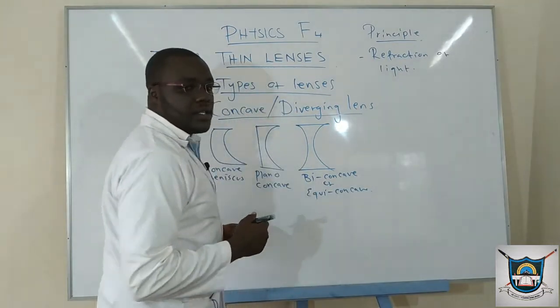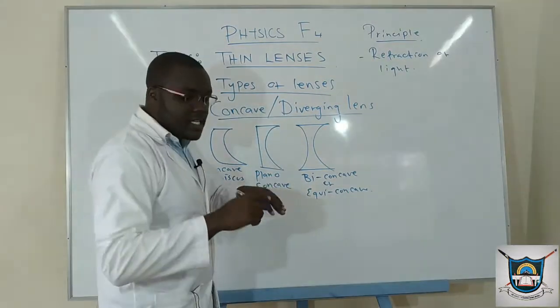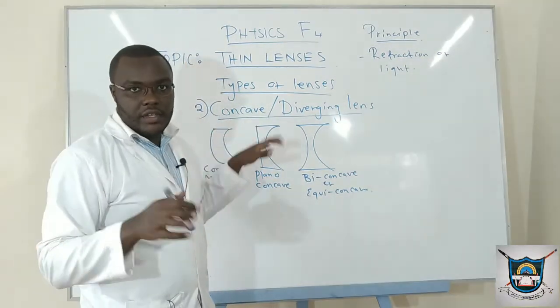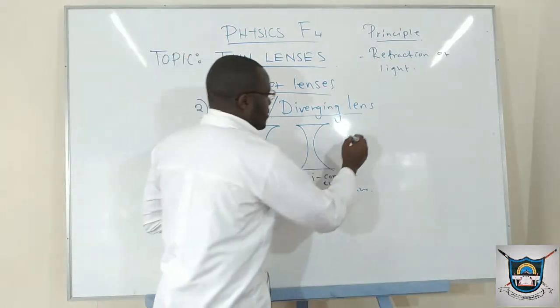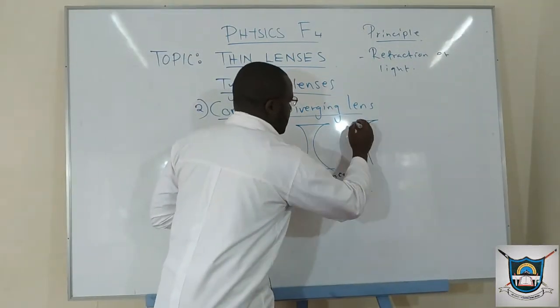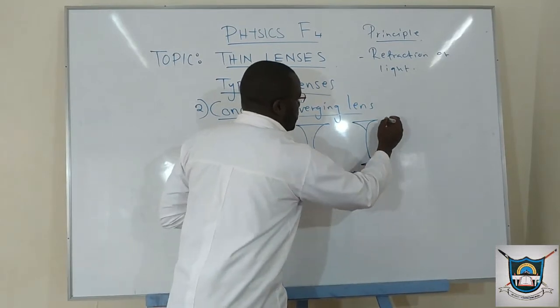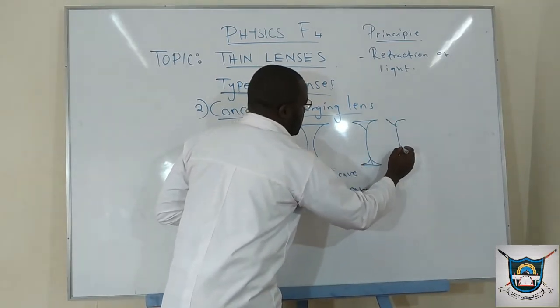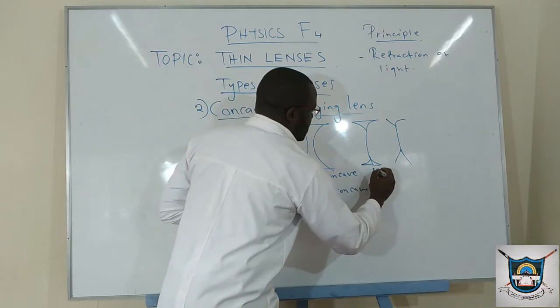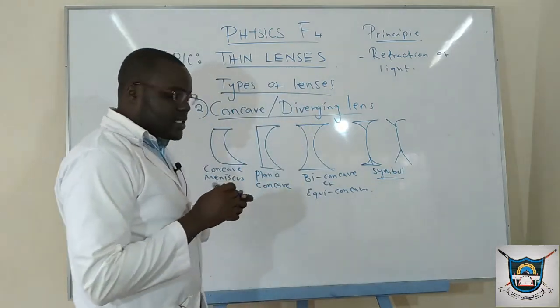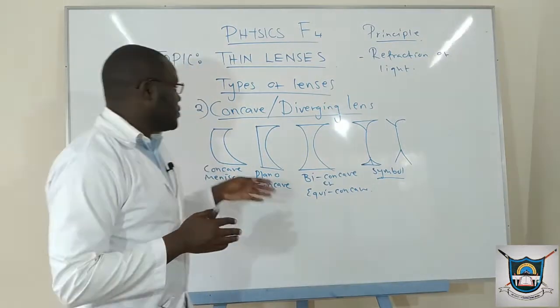In case you're in a practical and they want to show you that somewhere you're going to be required to use a concave lens, then this is the symbol, either this or these two symbols. So these are the symbols that shall be used in a practical to show that somewhere in your working you require to use a lens.